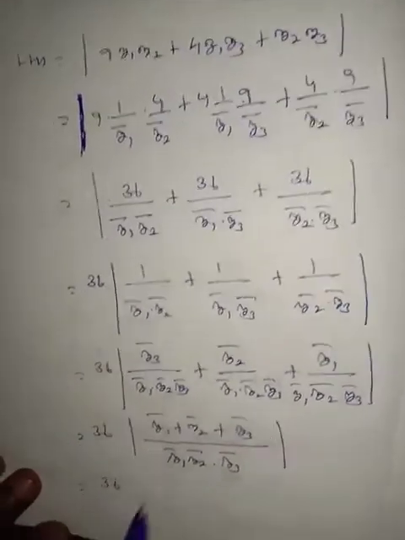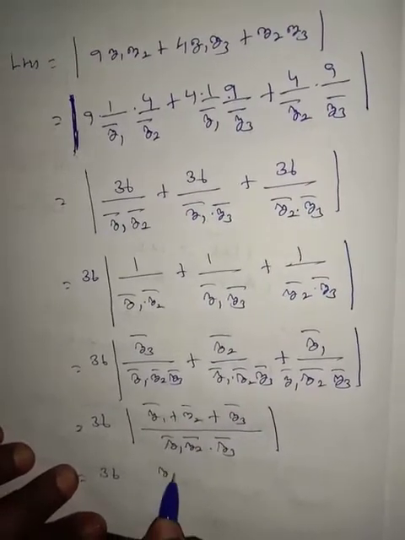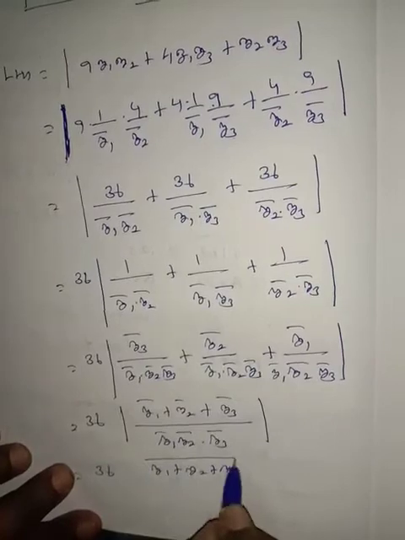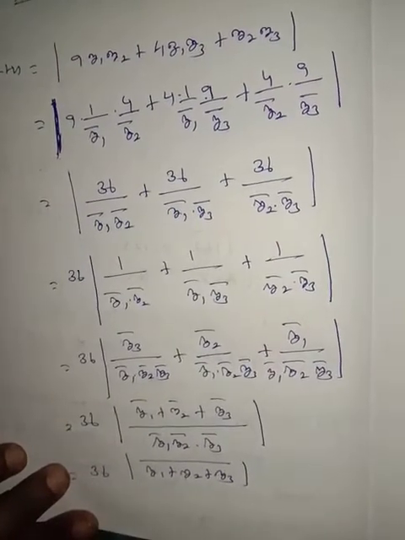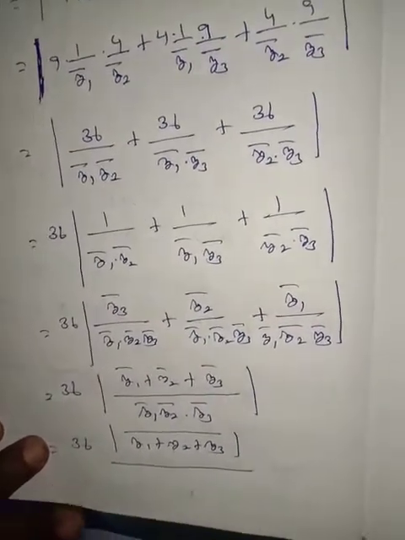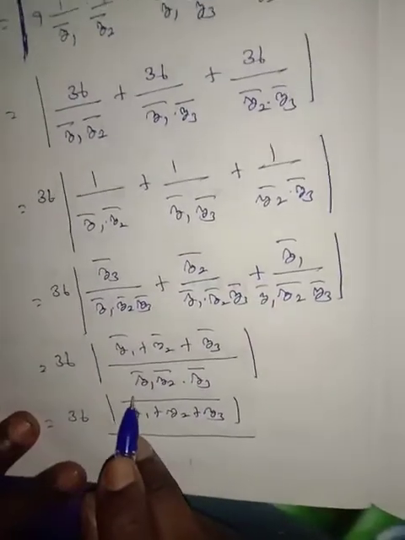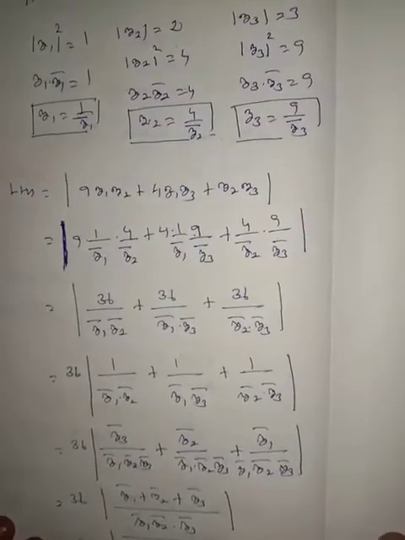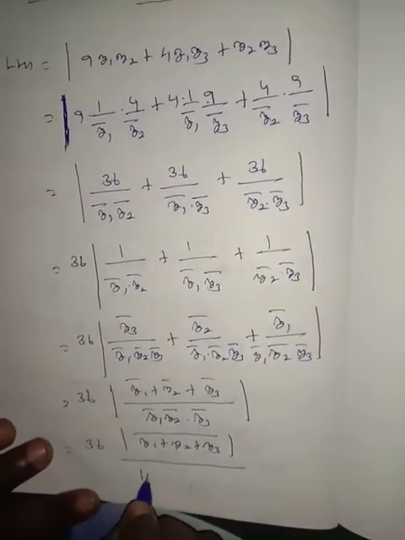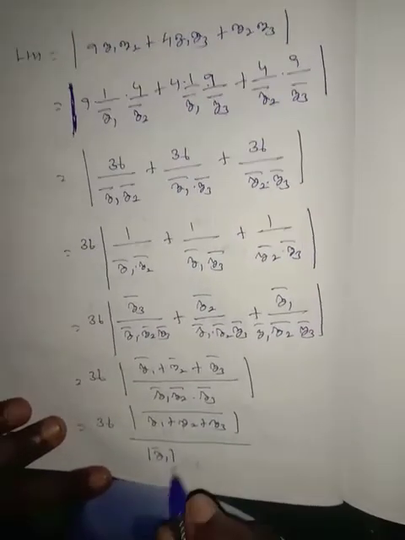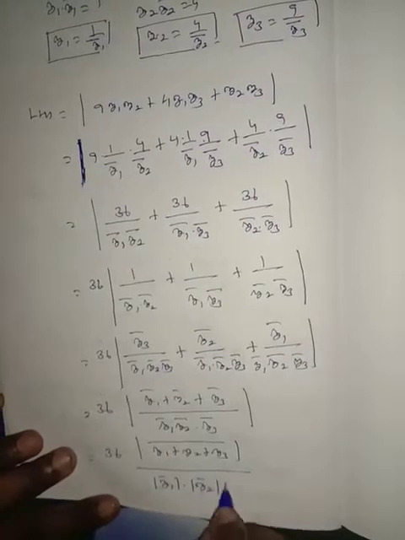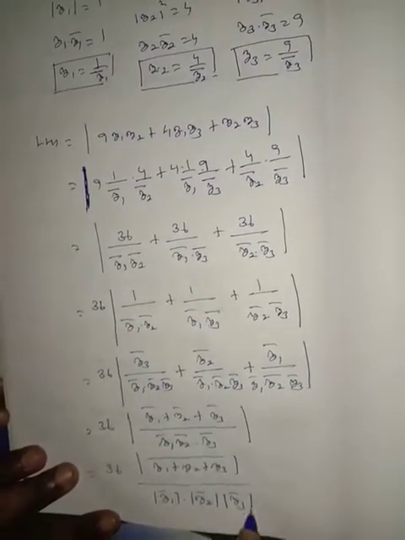This can be written as 36 times the modulus of Z1 plus Z2 plus Z3 whole bar, divided by modulus of Z1 bar into modulus of Z2 bar into modulus of Z3 bar.